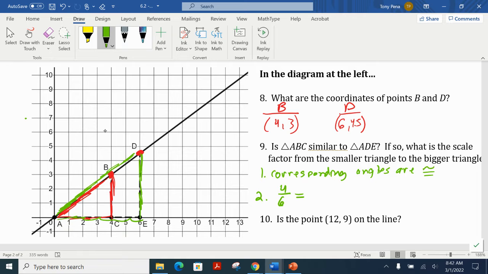You can just count off those blocks, so there's 3 of them. The right-hand side of the green triangle is 4.5. Now, it might not be obvious what 3 divided by 4.5 is equal to, but definitely 4/6 is 2/3.